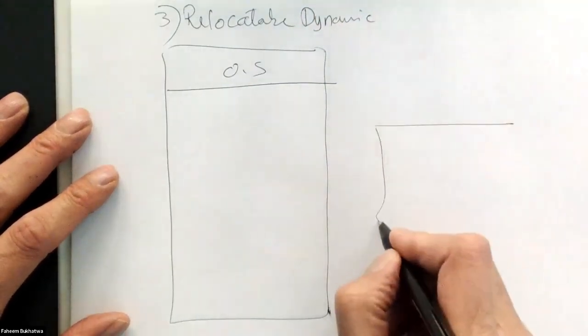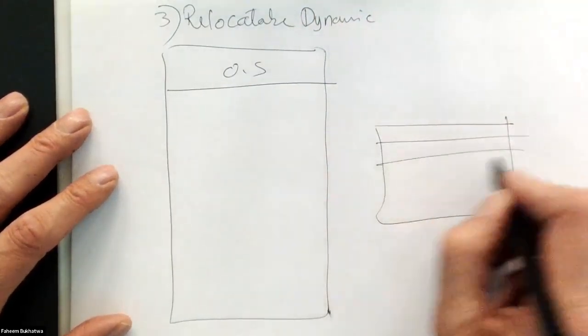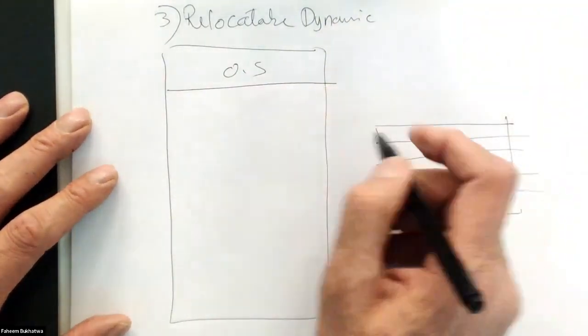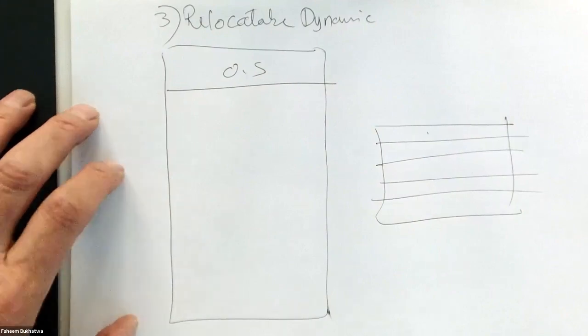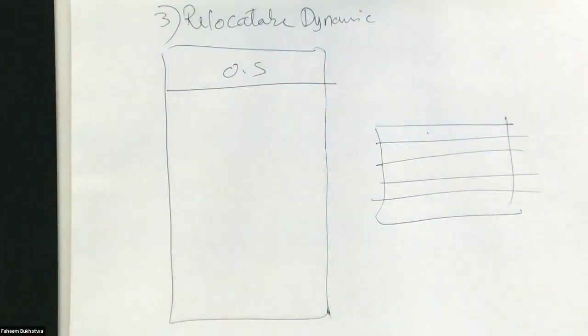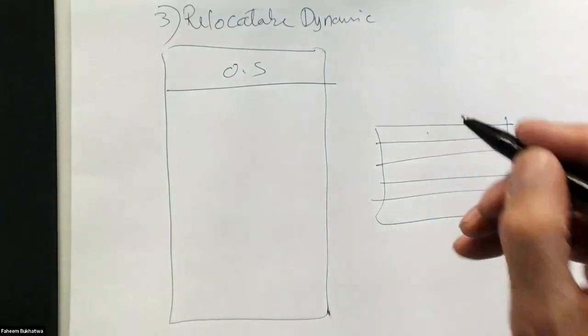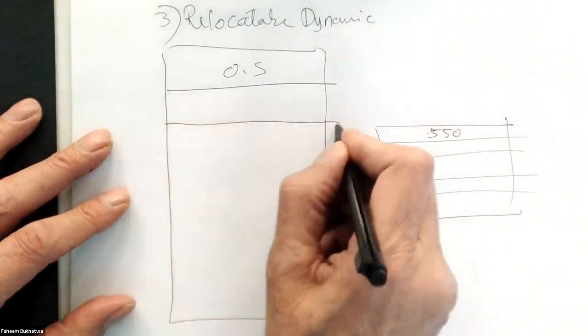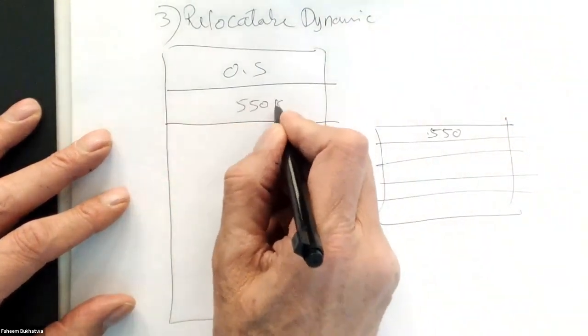And now the next step, when a program comes in, a request for memory: do we give each program more than it needs, or exactly as much as it needs? In the dynamic, exactly as it needs. So if this one needs 550, we give it exactly 550.